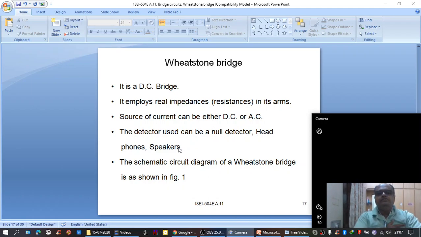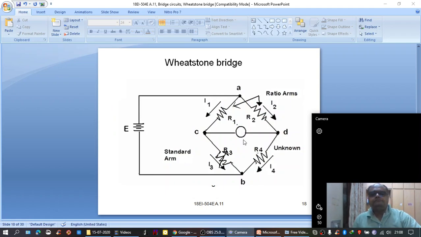The detector used can be a null detector or headphones or speakers. The schematic diagram of a Wheatstone bridge is as shown in figure. This is the arrangement of resistances in Wheatstone bridge.